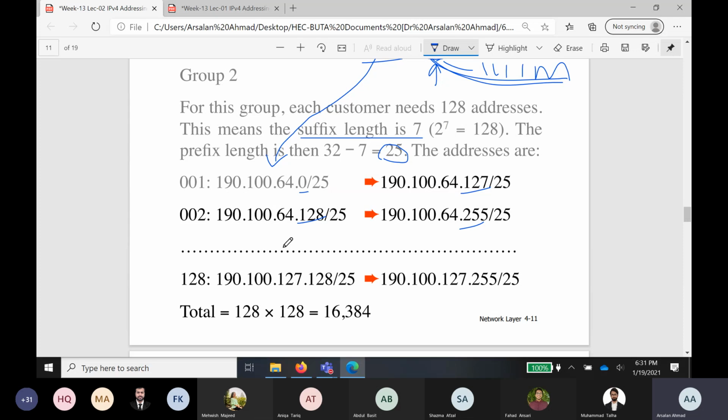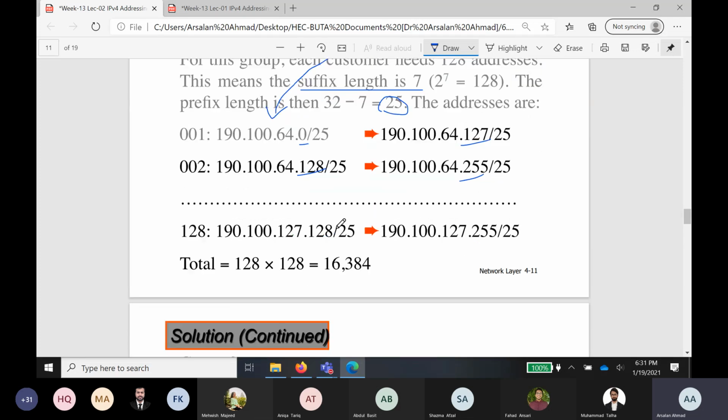The fourth customer will be 65.128, 65.255, and so on. You can calculate that the 128th customer will be 127.128 up until 127.255. Okay, because you will have 64 movements in the third byte, because within each movement of the third byte you are accommodating two customers, and there are 128 customers, so 128 divided by 2, basically 64.